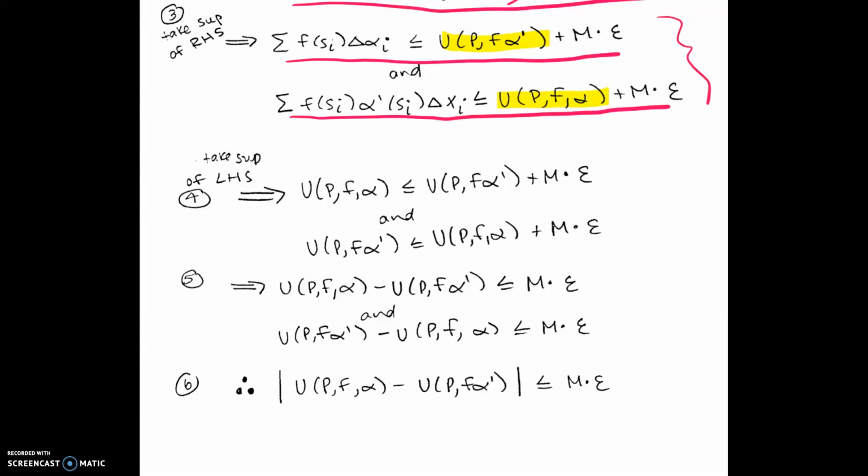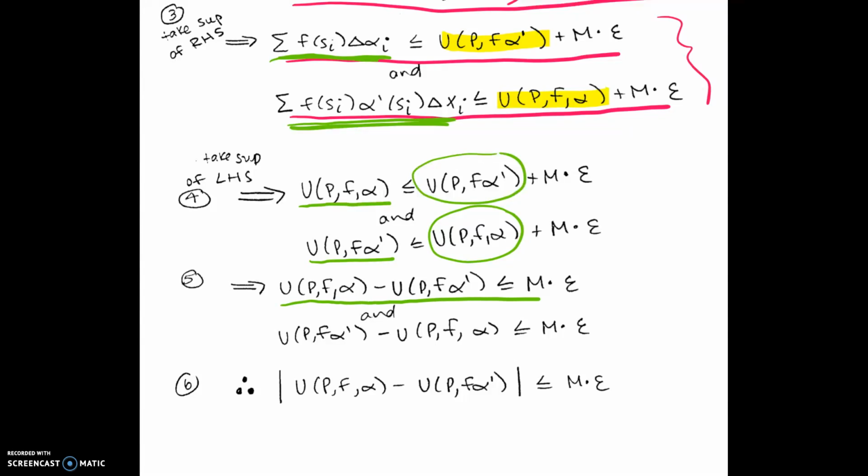The sup of this right here would be the upper sum of P, f, alpha. The sup of this right here would be the upper sum of P, f, alpha prime. So now I'm going to take this piece and subtract them on both sides of the inequality, so I end up with this and this.